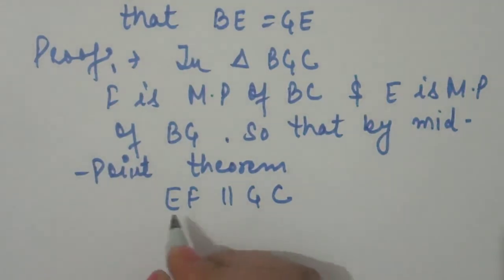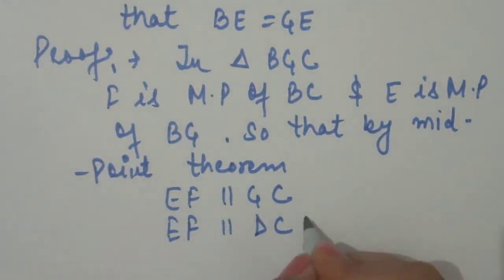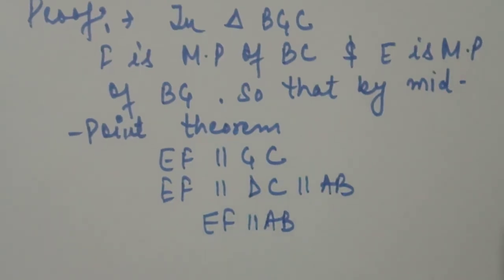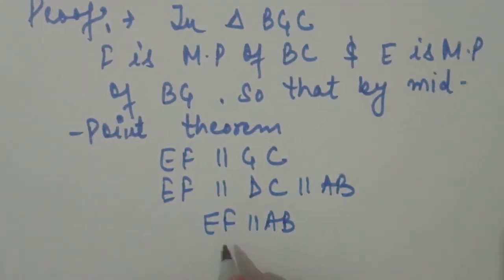If EF is parallel to GC, then definitely EF is parallel to DC, and DC is parallel to AB. So EF is parallel to AB. So students, this is your first relation which we wanted to prove.